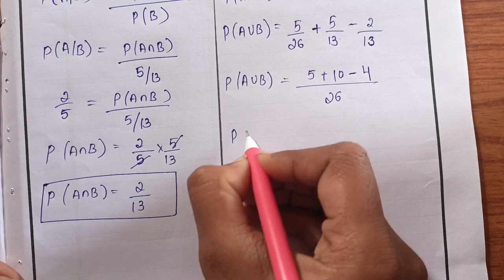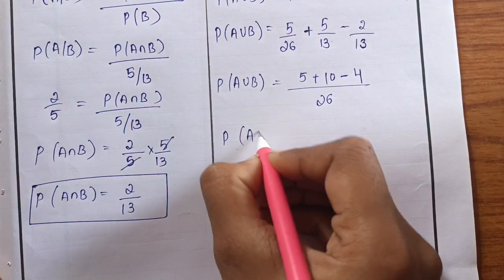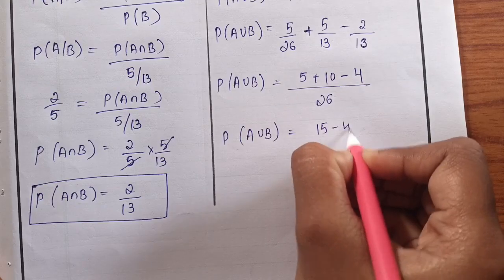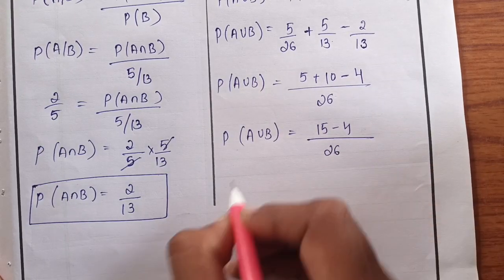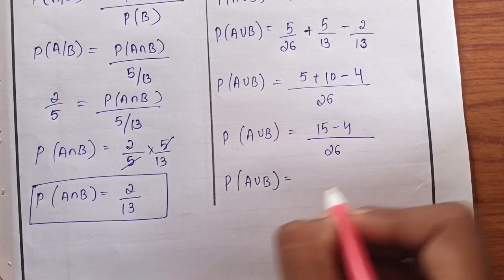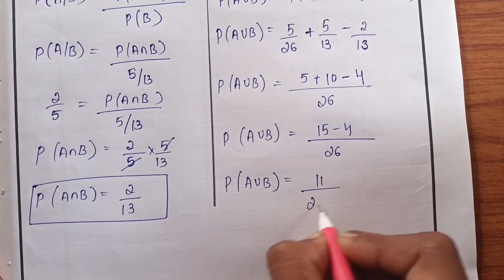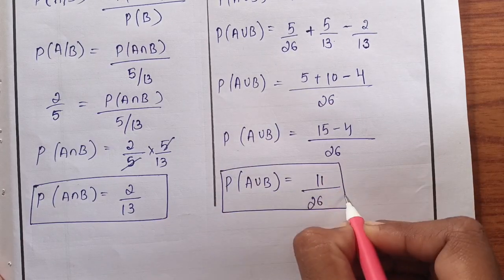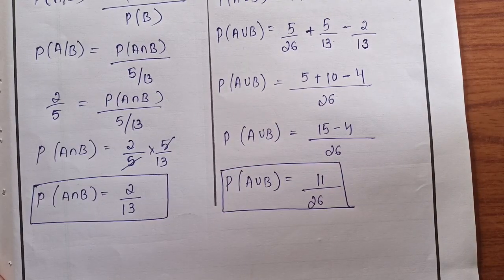So probability of A union B equal to 15 minus 4 divided by 26, which is 11 by 26. So the answer is the probability of event A union B is 11 by 26.